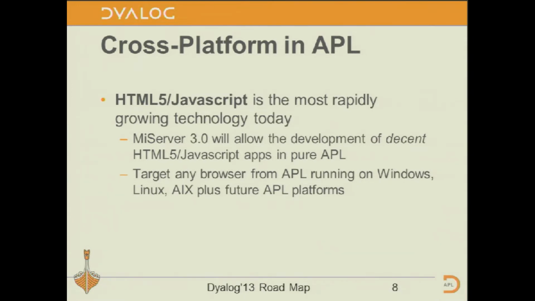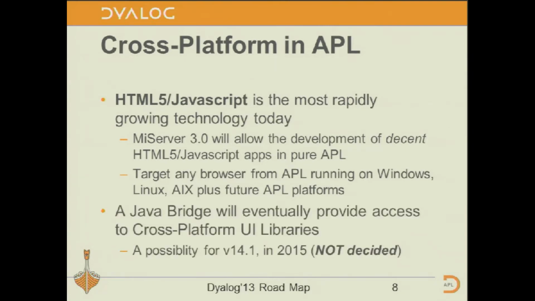And the MiServer 3 is our attempt to provide a mechanism that will allow you to build decent interfaces in pure APL. Eventually, a Java bridge will allow you to perhaps use Java user interfaces cross-platform, but that's not something that's at the very top of our list.